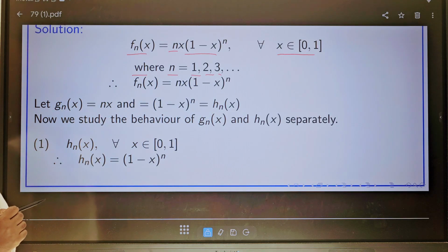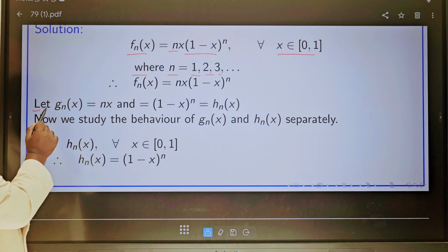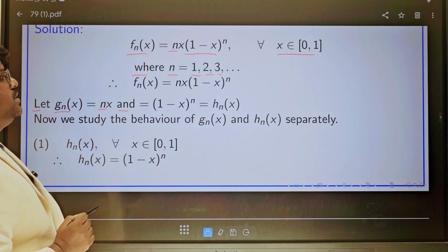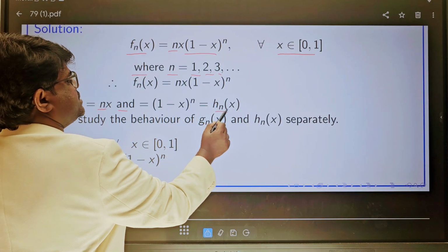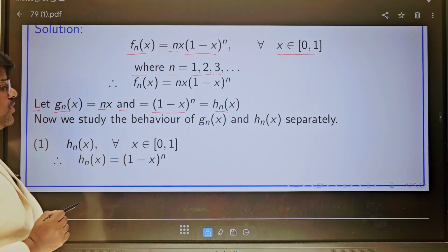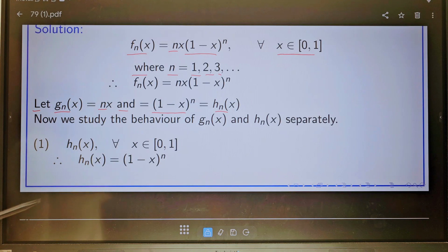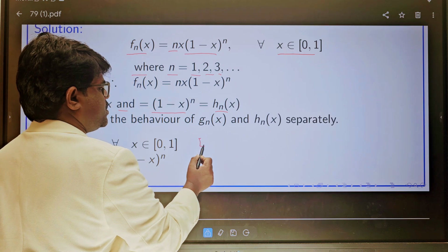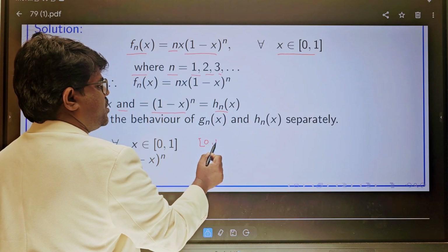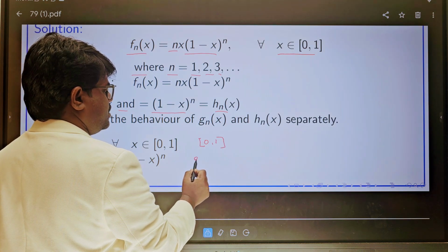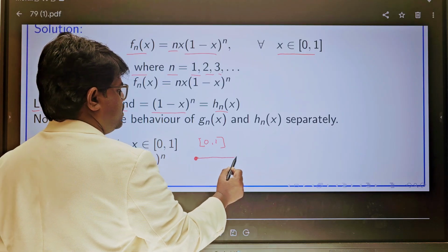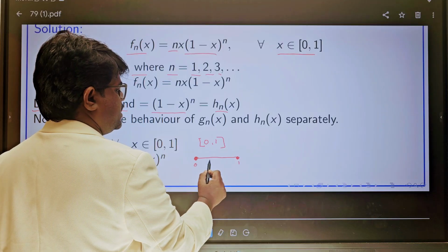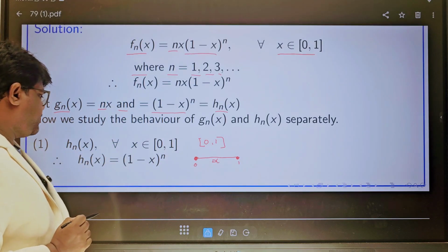Now let gn of x equal n x and hn of x equal (1 minus x) to the power of n. We know that it is given in the closed interval 0, 1. This is 0, this is 1, x is arbitrary.